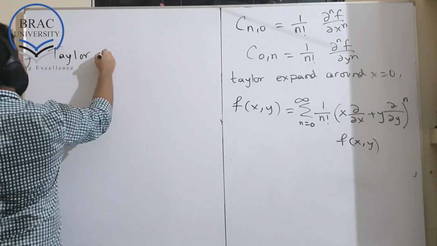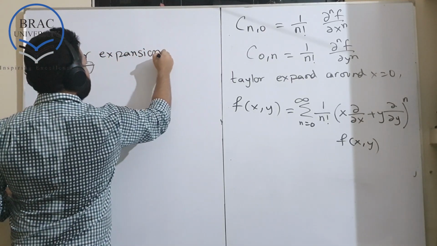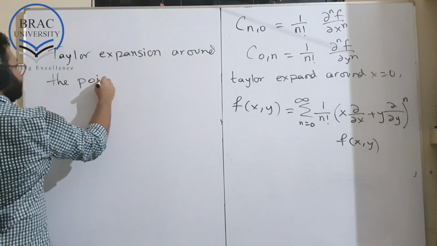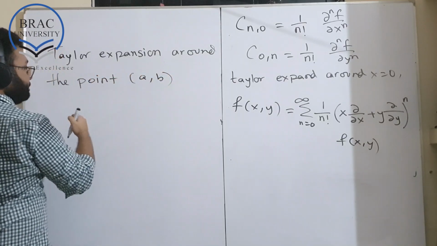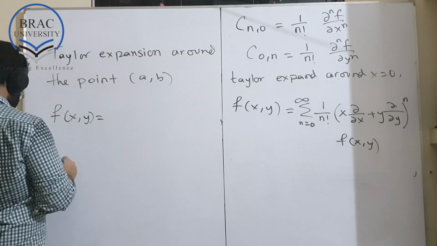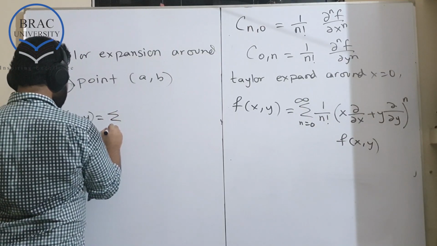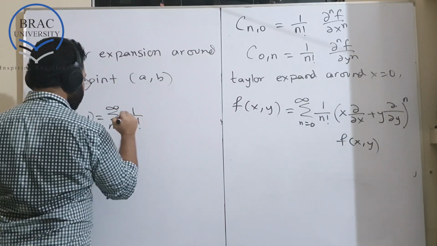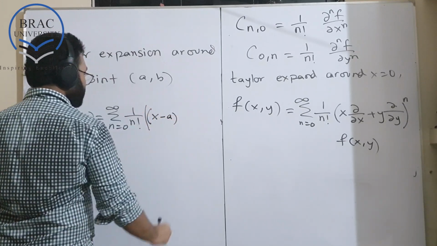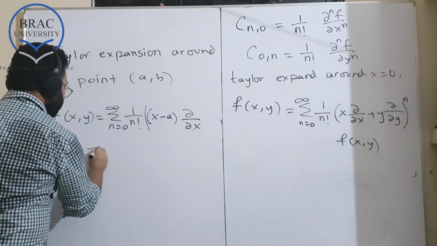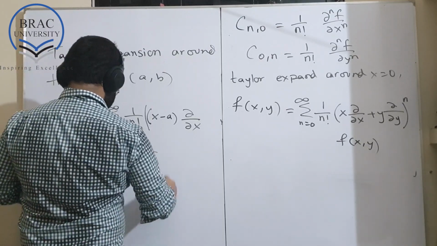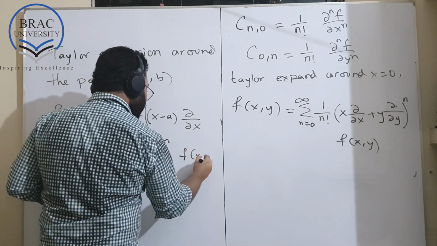So Taylor expansion around the point a comma b would be the sum from n equals 0 to infinity of 1 over n factorial, x minus a delta x plus y minus b delta y, to the power n, applied to f of x, y.